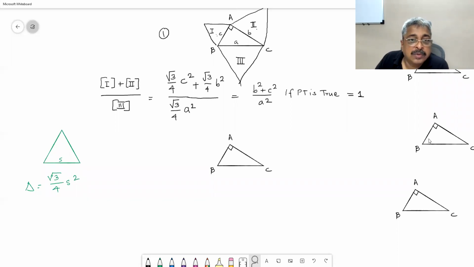Okay, now for equilateral triangles it works. Let us draw another good figure. Suppose we draw an isosceles triangle.